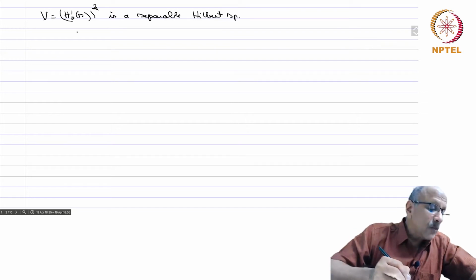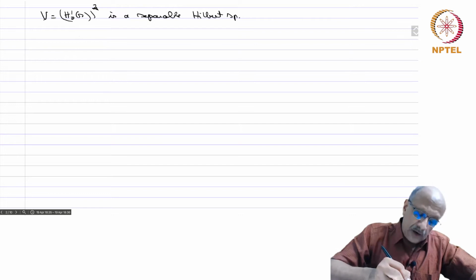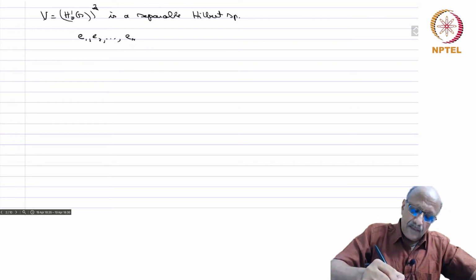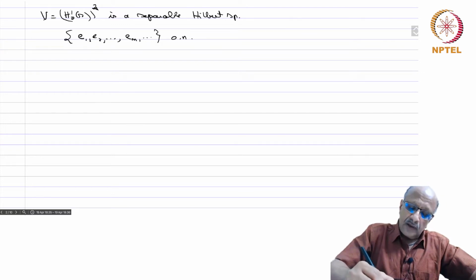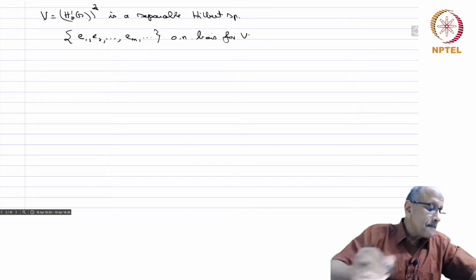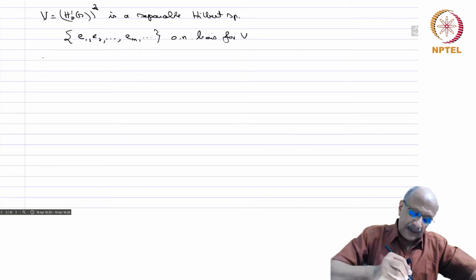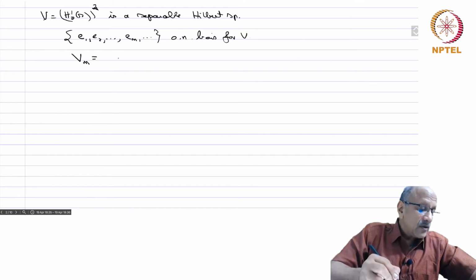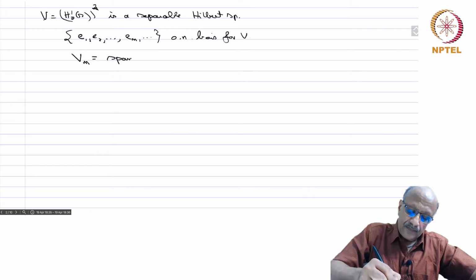Therefore, let us assume that e1, e2, ..., em, etc. is an orthonormal basis for V. For the Galerkin method, let us say Vm equals the span of e1 to em.